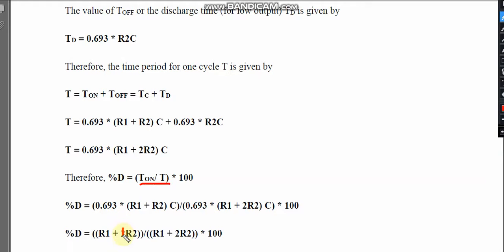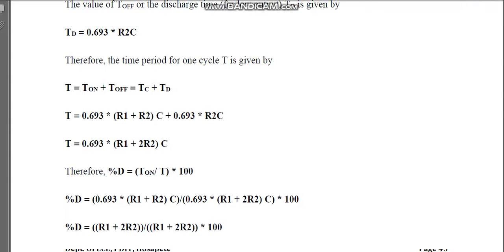So duty cycle is (R1 plus R2) divided by (R1 plus 2 R2) into 100. So you have one equation here and one equation here, and you know F, that means automatically you know T, and you know D. So if you assume C, you can calculate R1 and R2. That is how you find out the value 6.8K.